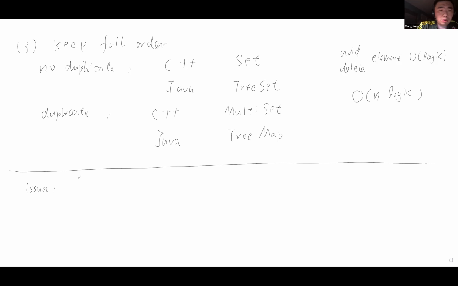a full ordering is a much stronger condition than the maximum. Full ordering is a much stronger condition than the maximum. That's the reason you pay some extra cost for keeping this extra information, right? So basically, extra cost paid for the ordering, right?